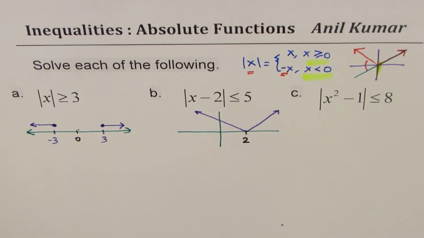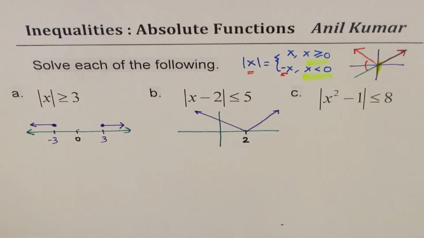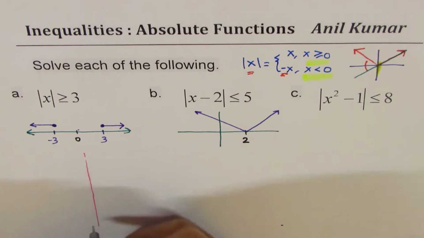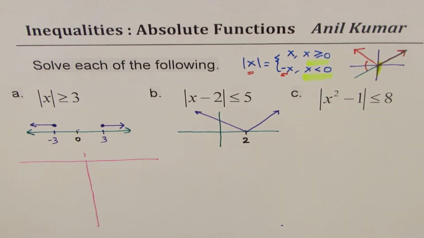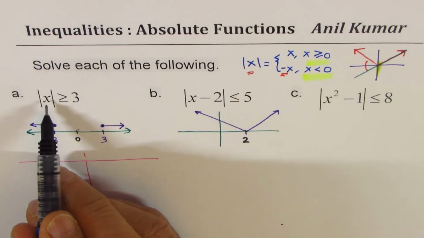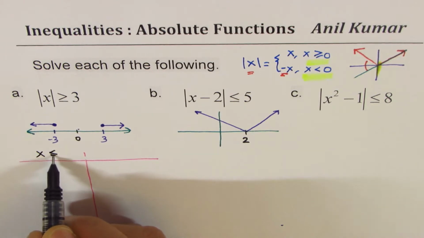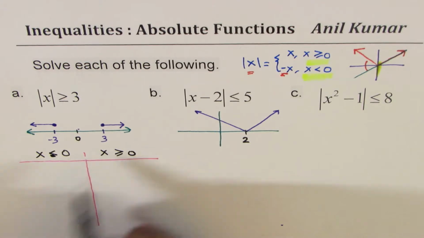Now, the general method is to write the function in piecewise form, and then solve, right? So I will do that method also, correct? Since many equations cannot be solved so easily, it becomes difficult. So what we do here is that we redefine our function. We say, well, x could be less than 0, or x could be greater than or equal to 0.